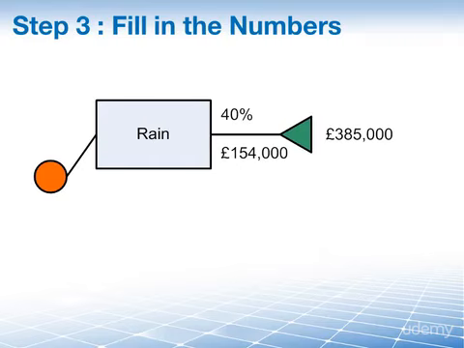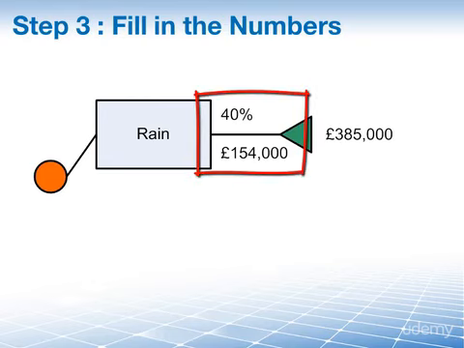But in order to decide between all 4 available options, we also have to factor in the probability of rain or sunshine. And in this case here, of course, it is a 40% chance of rain. This means that there really is only a 40% chance that we will make £385,000 as our income.